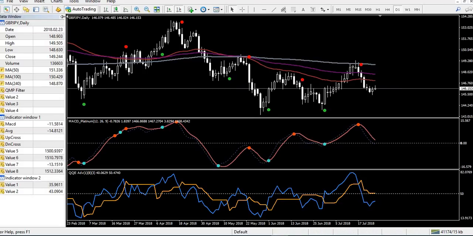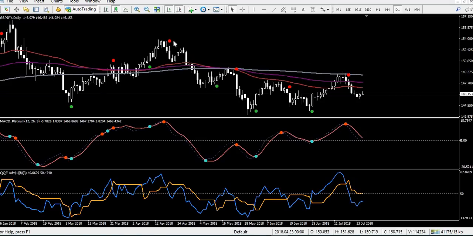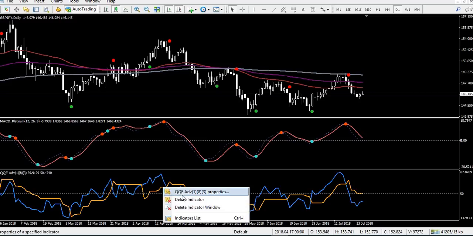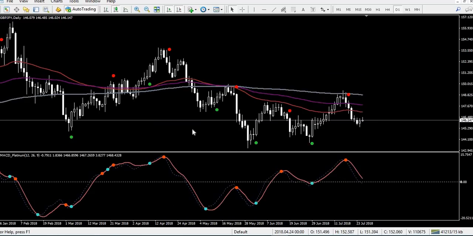So the only reason I built the QMP filter was so I can eyeball a chart and see a green dot there. I know there's been a blue dot on the MACD Platinum, and I know there's been a cross on the QQE, and it just gives me a visual aid. And as you can see, it's a lot easier to spot with these dots on the chart. So I don't need this on the chart display, but like I said, I need it in my platform. So it's got to be uploaded to the platform.